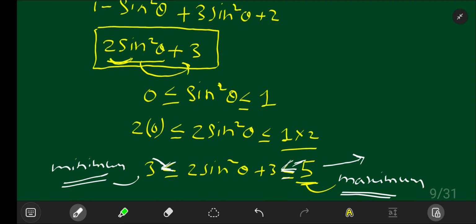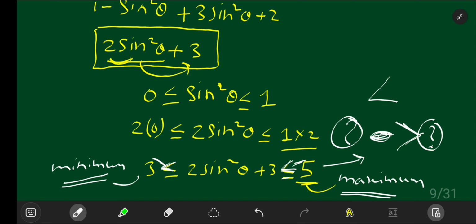This is the less than symbol, this is the greater than symbol. At the place of the narrow side is the minimum value, and at the place of the open side is the maximum value.